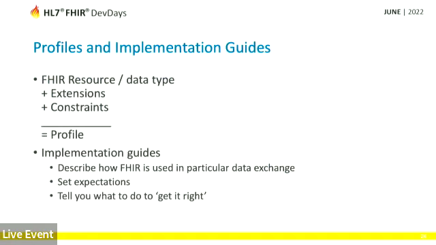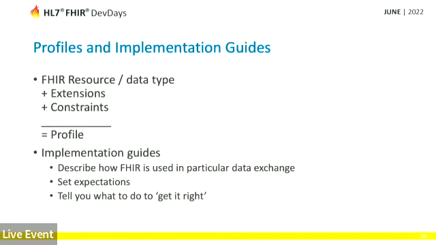So if I talk about FHIR profiles, and I'm not going to explain them all because I have my lovely colleague Lillian here who's going to do an introduction to profiling, a profile would be taking a FHIR resource or a FHIR data type and then maybe adding some extensions to them, and putting in extra requirements in the form of constraints, constraining the FHIR specification to your own needs. And that will be called a profile.